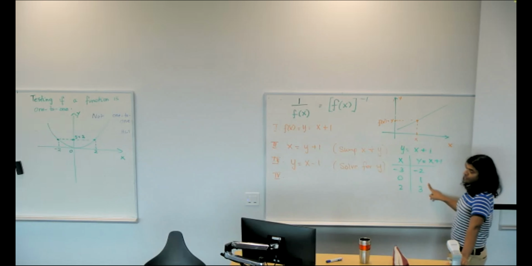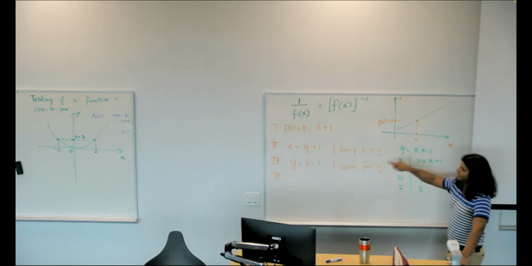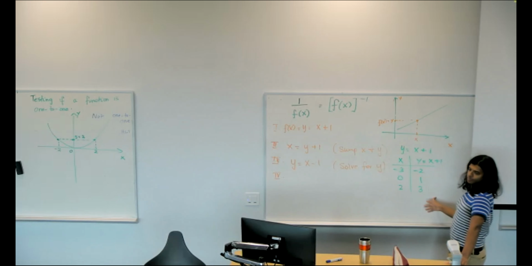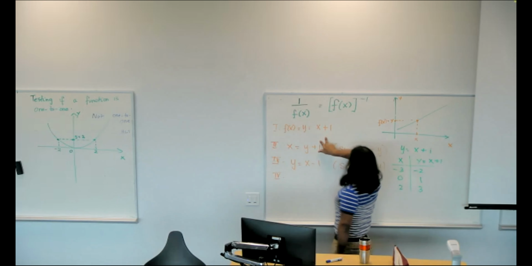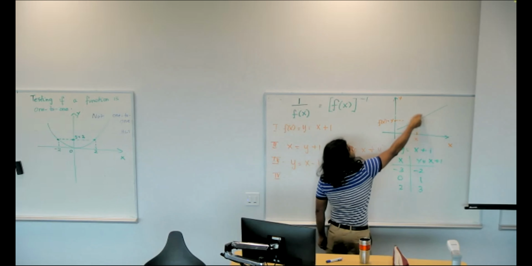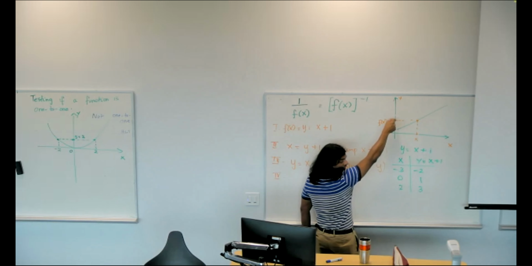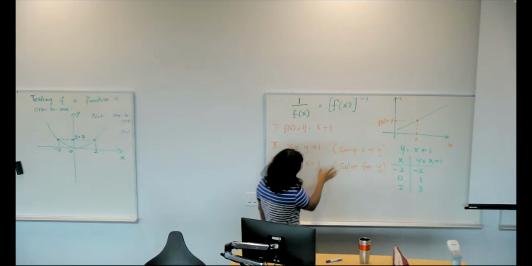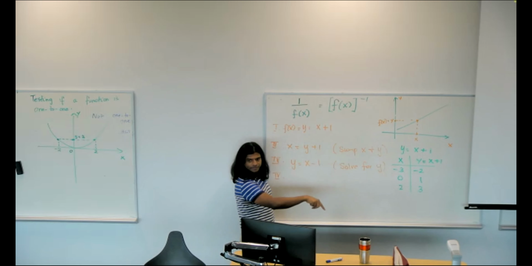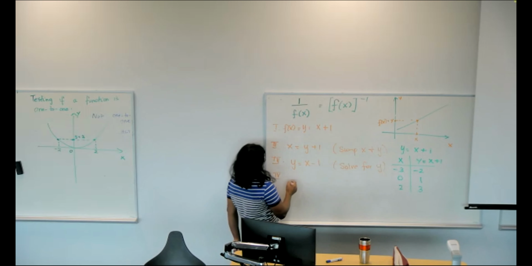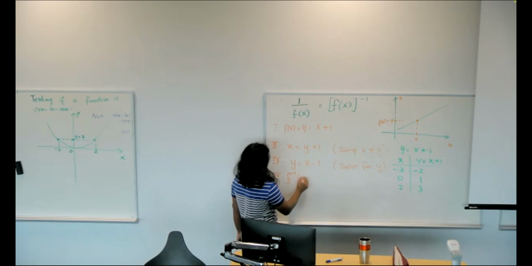Plug in 1, what will you get? 0. Plug in 3, what will you get? 2. So that equation goes in this direction. After doing this step, it brought things back. Agree? So I'm going to call that f inverse of x.